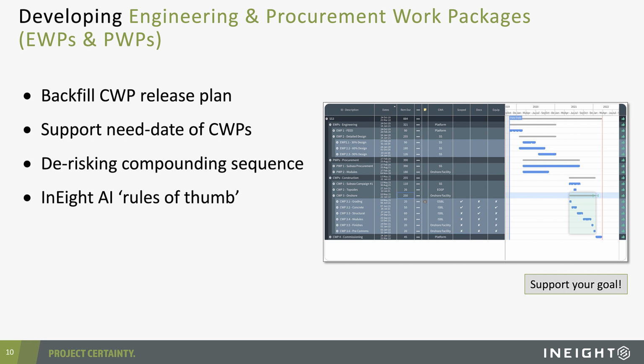So here what we're really doing is supporting the overarching path of construction goal by defining timely engineering and timely procurement scope, and again, applying these rules of thumb to ensure there is no potential breach. The example graphic here shows our construction scope at the bottom of the diagram, bottom right.